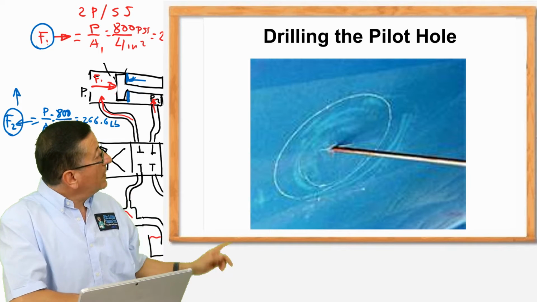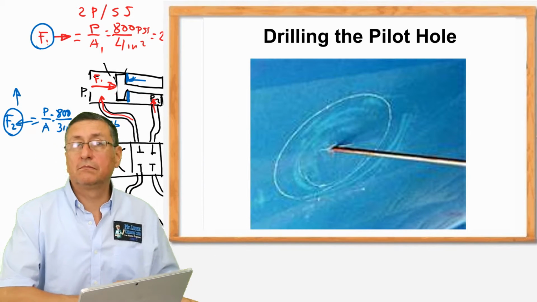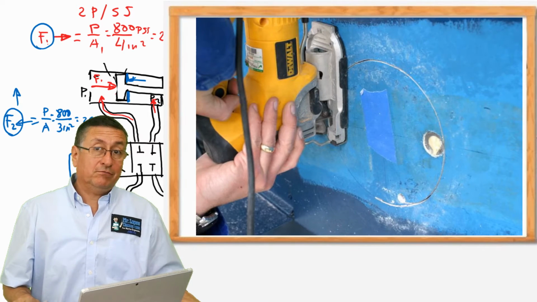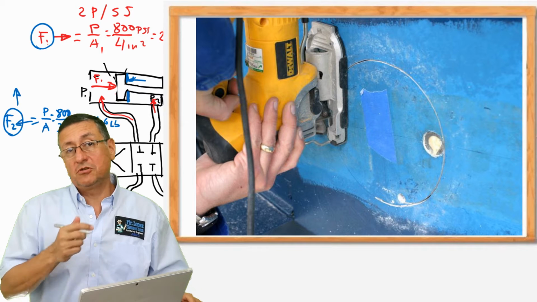And finally, you have the hole mark, the oval that you need to cut. Some people use a regular jigsaw to make a hole over there.